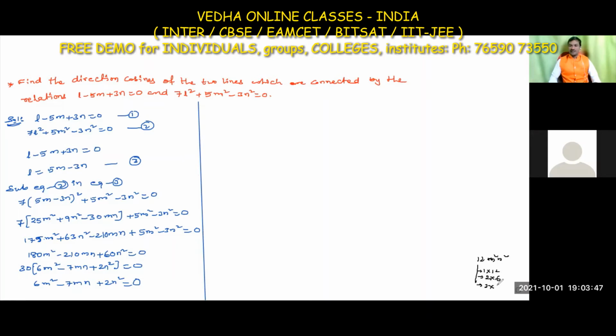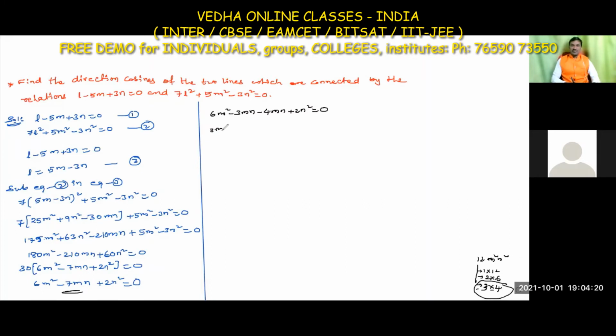In all these, by adding or subtracting, we want 7. Where do we get 7? In the last one. So we want minus 7mn, so take minus for both. Minus 3 minus 4 becomes minus 7. So we can write this as 6m square minus 3mn minus 4mn plus 2n square equals 0.